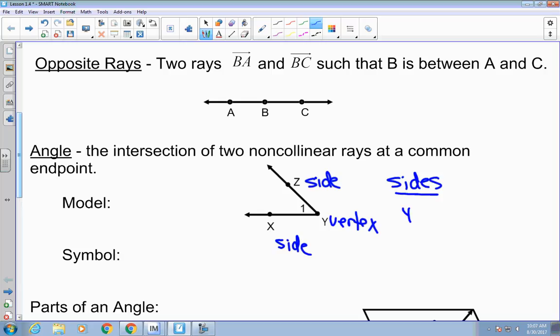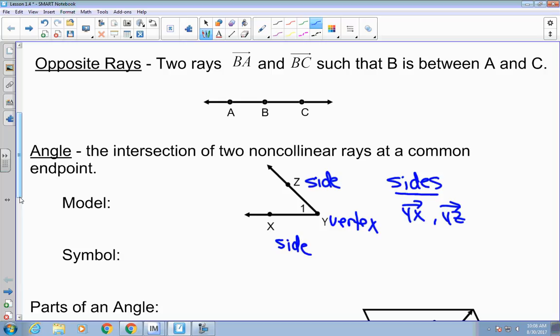Ray YX and ray YZ. You have to start at the endpoint and go out. So the sides of an angle are rays, and you have to name them as such. If I just named X and Z, those are points. So you need to be specific and name them as rays.